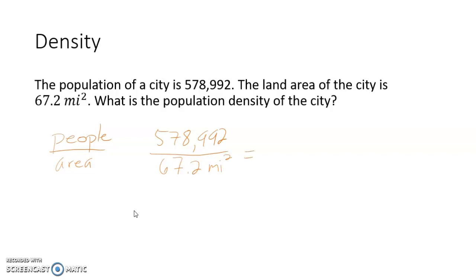Once I do that, I get 8,615.95, and then my decimals keep going. I'm going to round up to the nearest person, so I'll get 8,616 people per square mile. So remember, with population density, it's people divided by area.